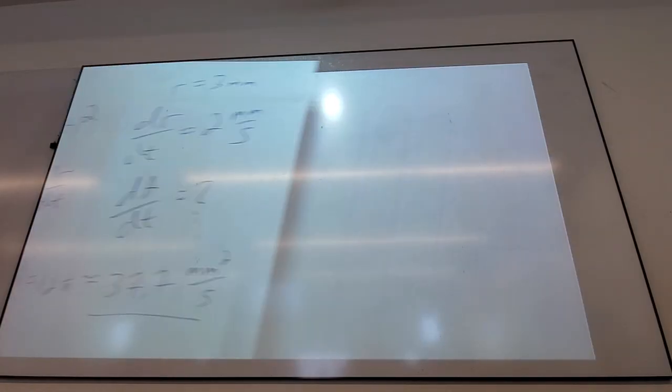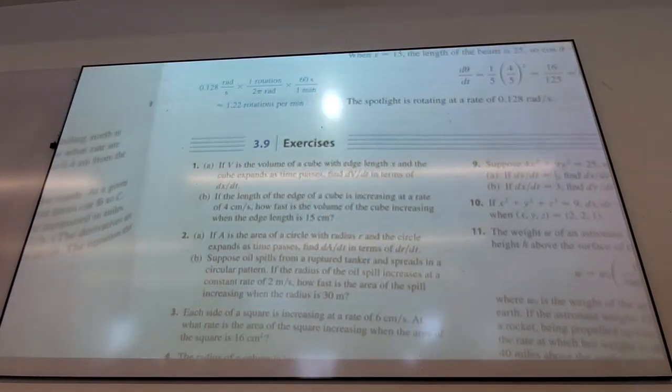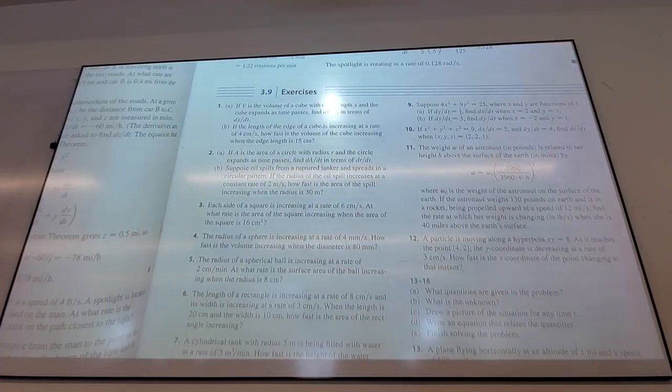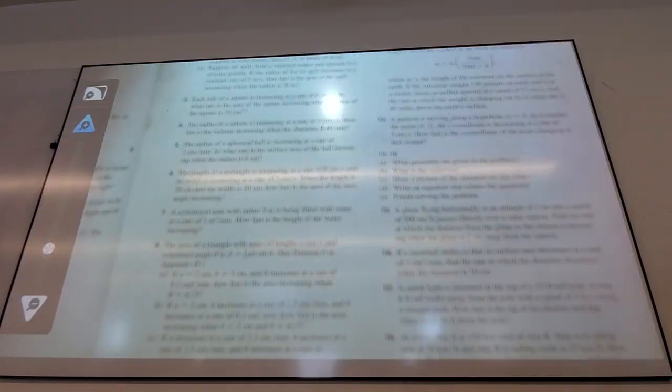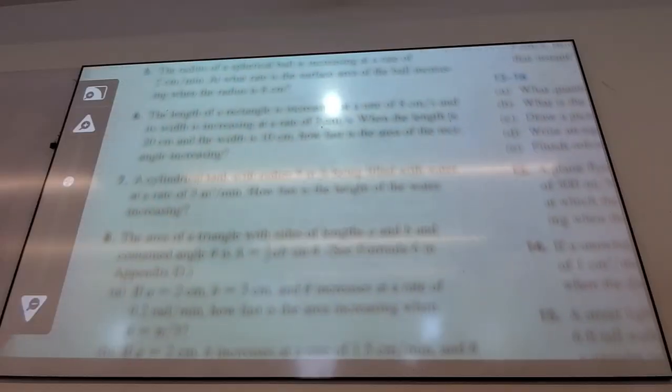Let's do one example that's a little more complicated, and then we'll take a break. I'll take one right out of the homework. Yeah, all right. Number 7, read through that real quick. I have no idea if I assigned that for homework.